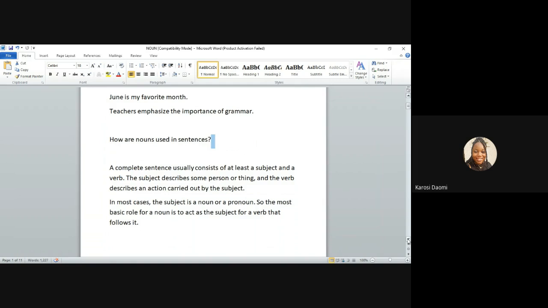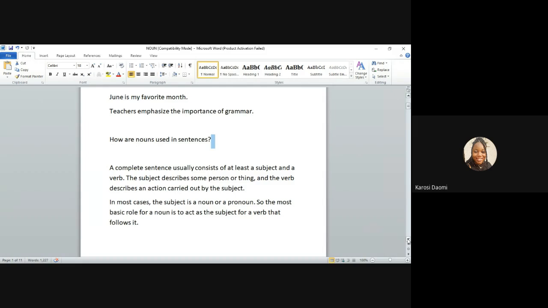You'd also refer to the subject as the doer of the action, and the verb describes an action that is carried out by the subject. In most cases, the subject is a noun or a pronoun.